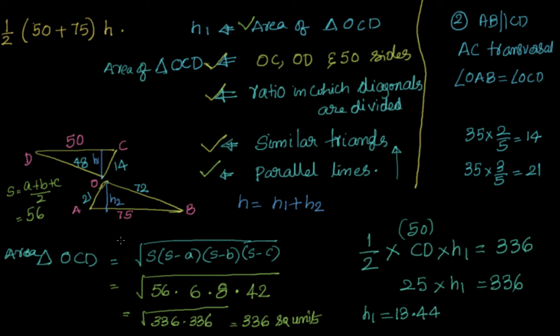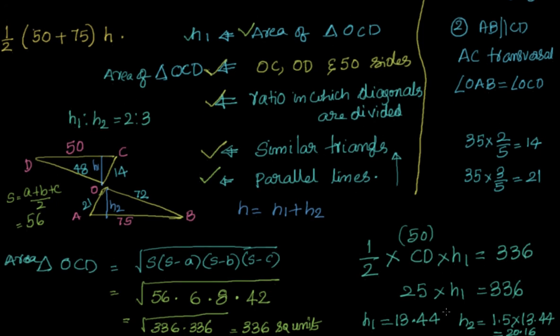If you understand very clearly, if all the sides are in the ratio 2:3, H1 and H2 are also in the ratio 2:3. So H2 will be equal to 1.5 into 13.44, that is equal to 20.16. So we found H1. Now we have to find H. We know H is nothing but H1 plus H2.